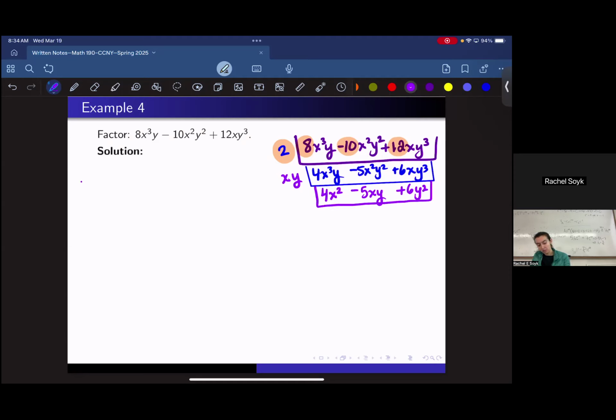Which means when we pull out xy from the trinomial, we're left with that last layer of cake. We'll just copy and paste over.